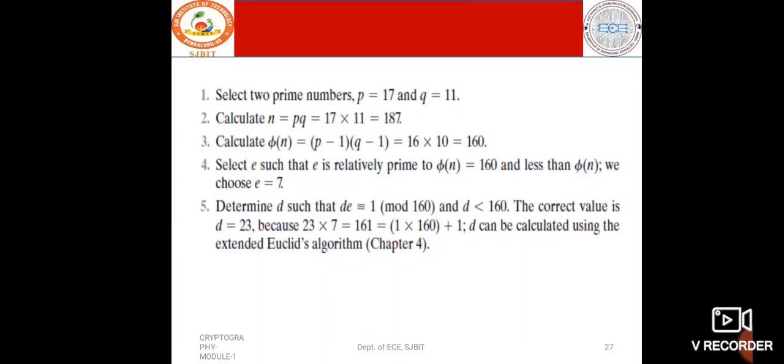Now select e such that e is relatively prime to phi of n. Phi of n is 160, and e should be less than phi of n. So let us choose e as 7, which is relatively prime to 160 and less than phi of n.